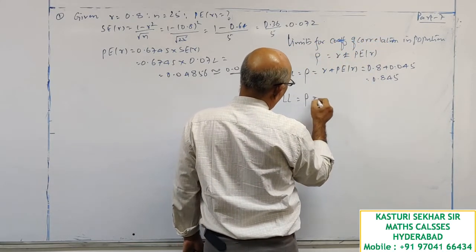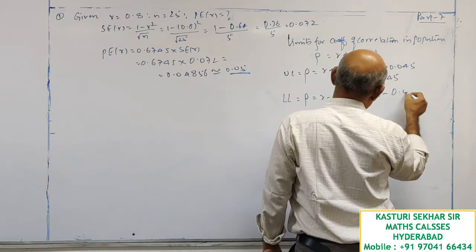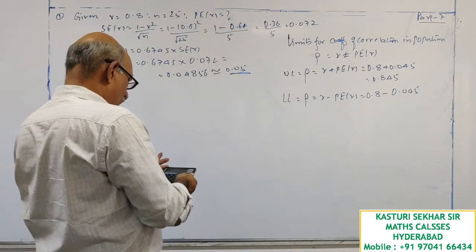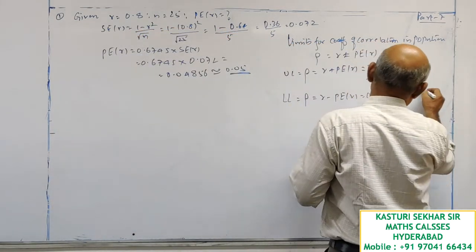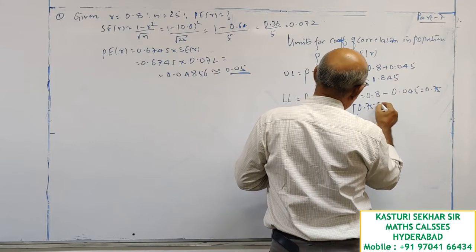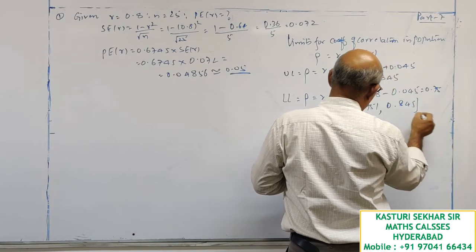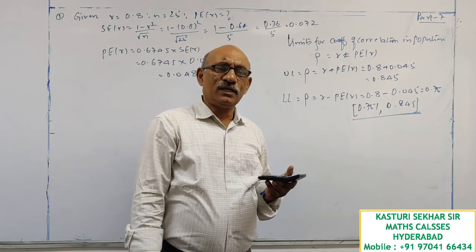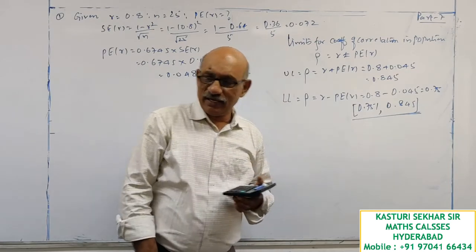Lower limit is r minus probable error of r, 0.8 minus 0.045, this is 0.755 lower limit. Upper limit is 0.845. This way options are given and you have to select the option with which your calculations are coinciding.